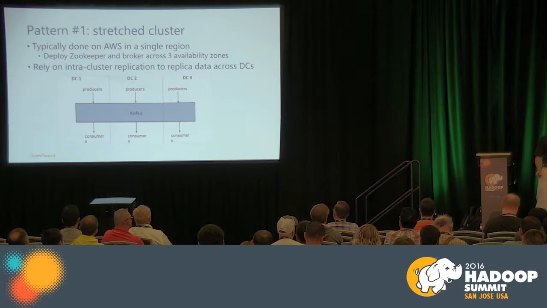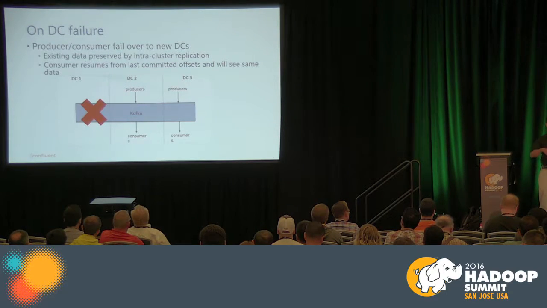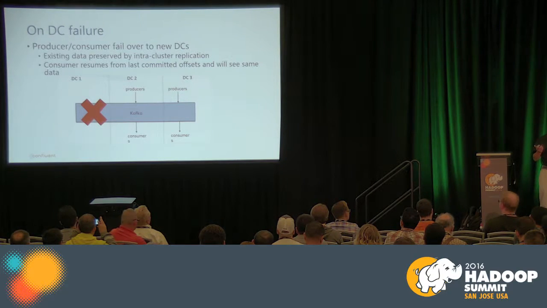Okay, once you have this set up, let's say one of the availability zones fails. How do you do the switchover? It's pretty easy, because in this case you are still living in the single Kafka cluster world, right? If the data center fails, flipping the producer is easy. You just need to move it to one of the other availability zones that's available.